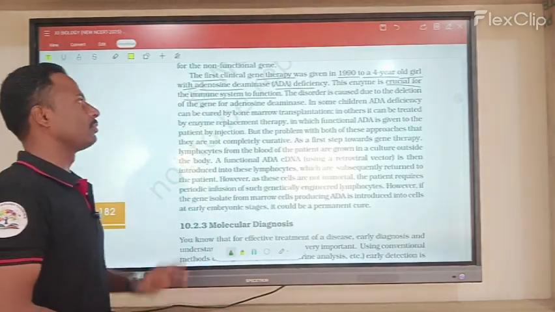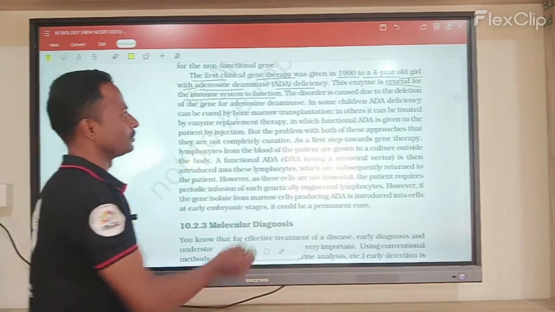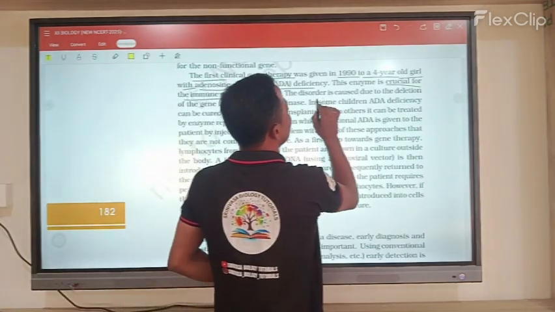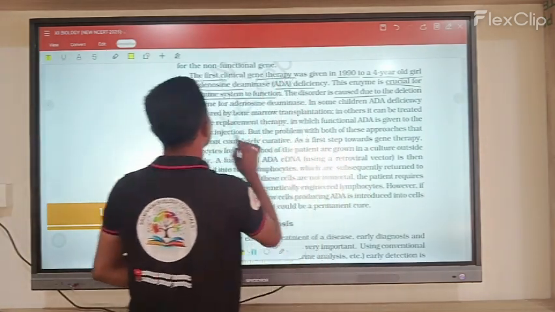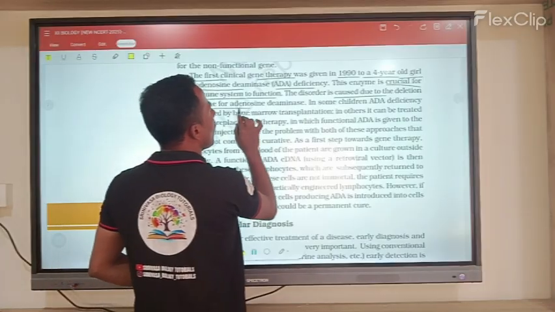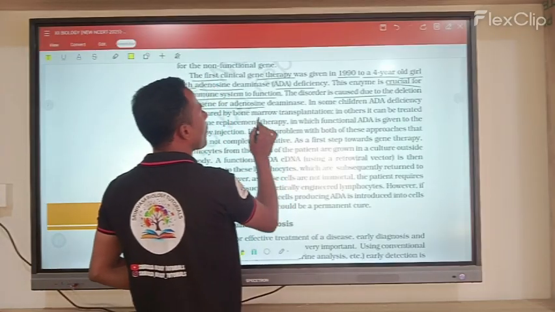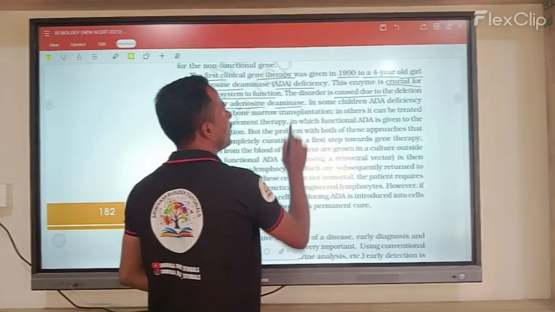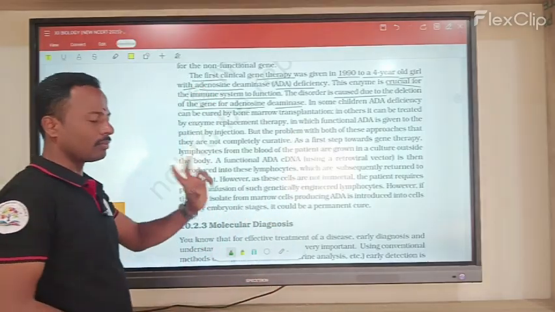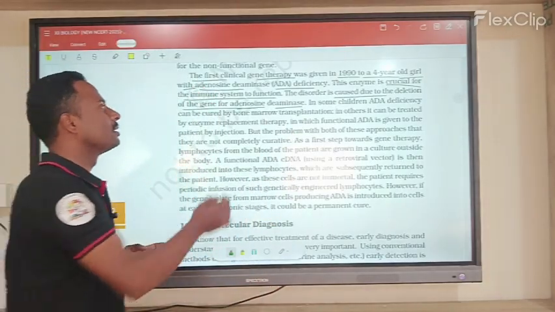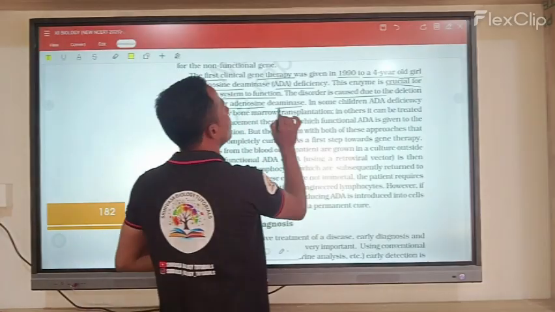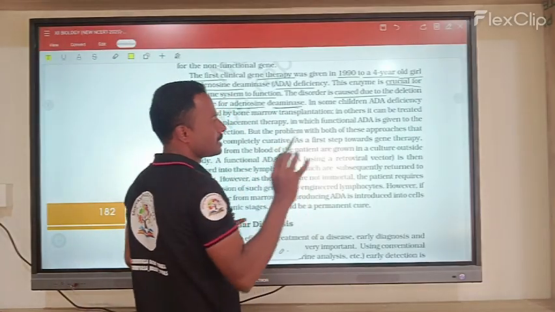It is very important for immune system function. This disorder is caused due to the deletion of the gene for adenosine deaminase. This disease comes because of the absence of adenosine deaminase.